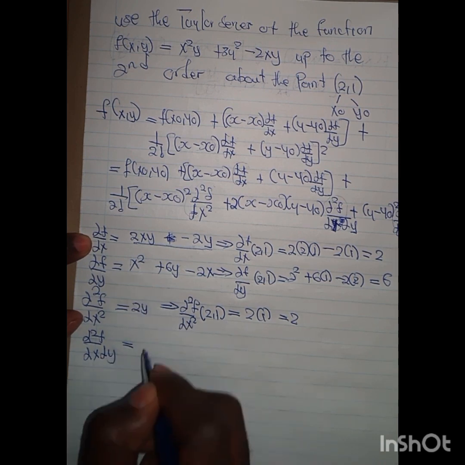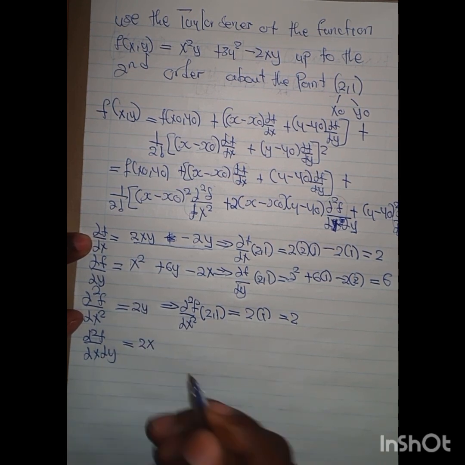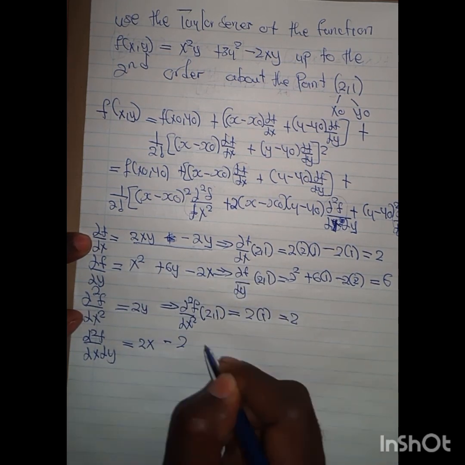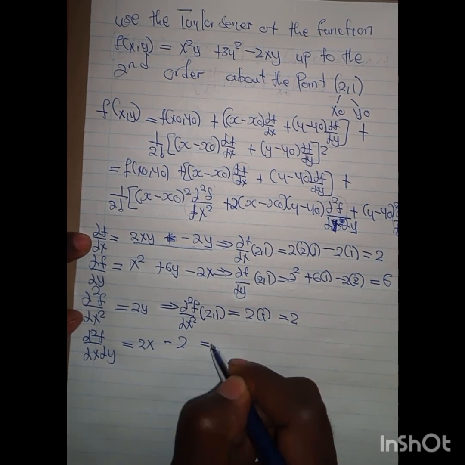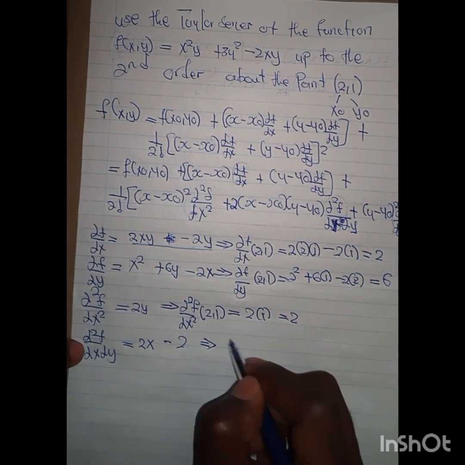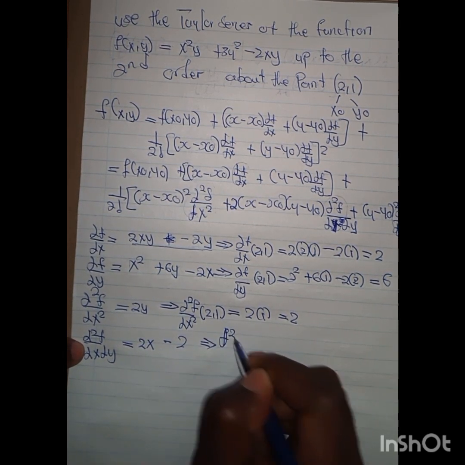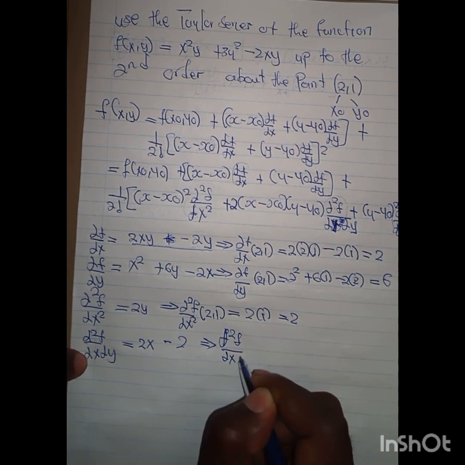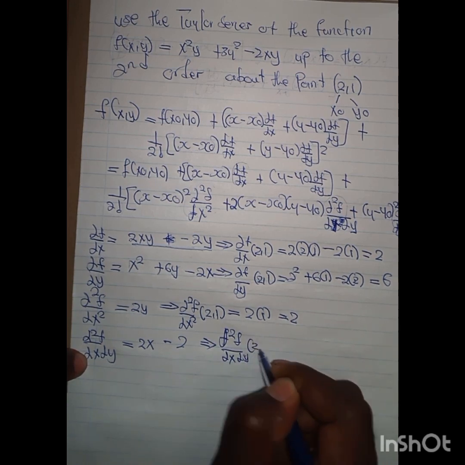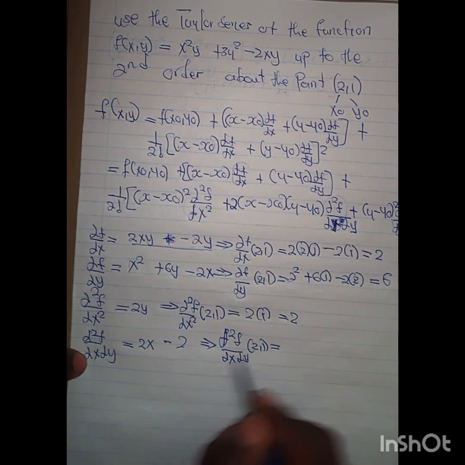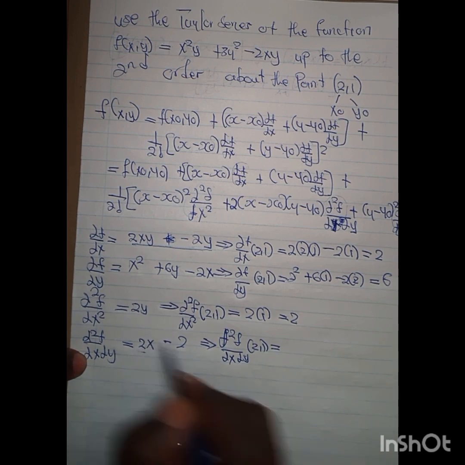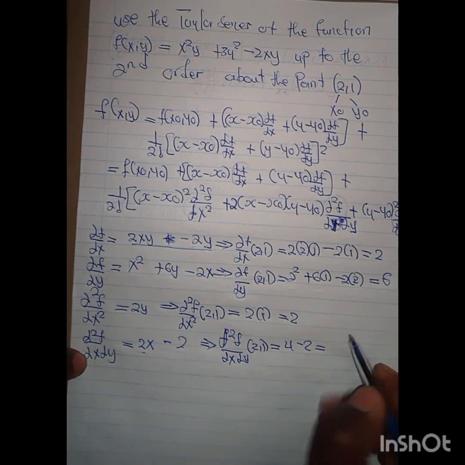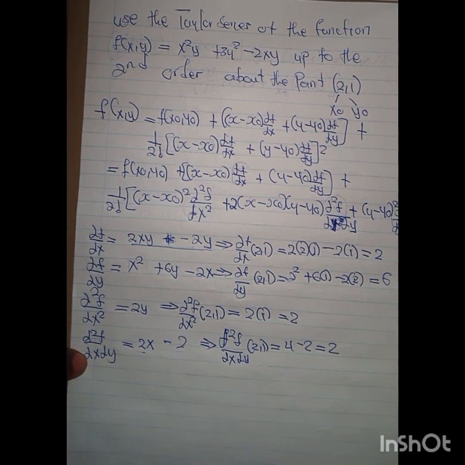Then it means we are going to get 2x minus 2, which implies that d squared f over dx dy at the point (2, 1), we substitute the point in this equation. x is a 2, and then we'll have 4 minus 2, and 4 minus 2 is a 2.